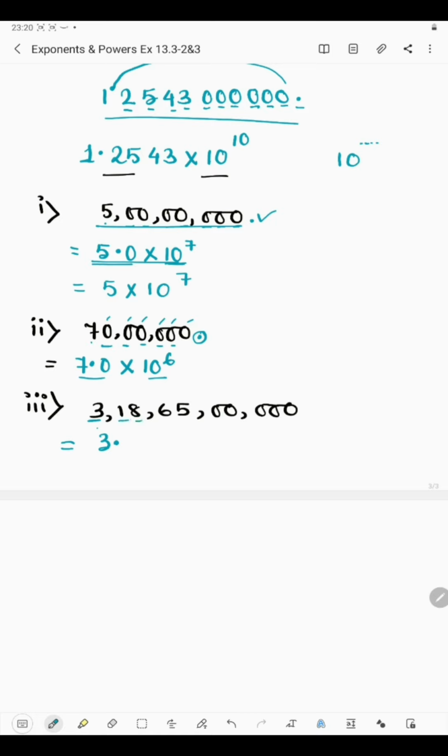That means 1 8 6 5 we will put here, and then we will count the number of places. The point has been shifted, as there is no point in this number, so that means the point is at the end. So we will write 10 to the power 1 2 3 4 5 6 7 8 9. After 9 places the point has been shifted, so the power of 10 will be 9.